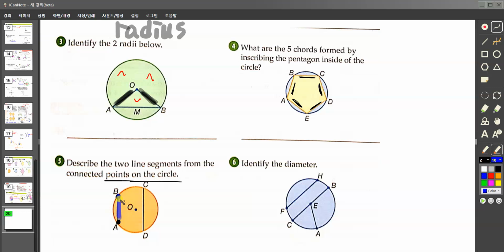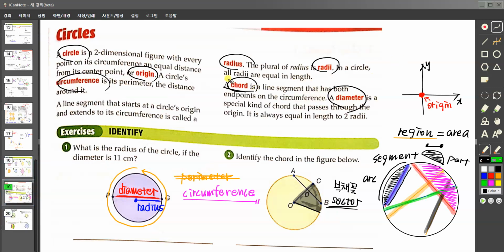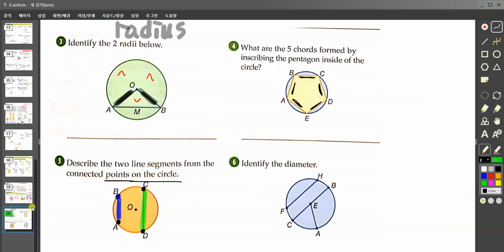Can you name this line? CD. It's a chord.